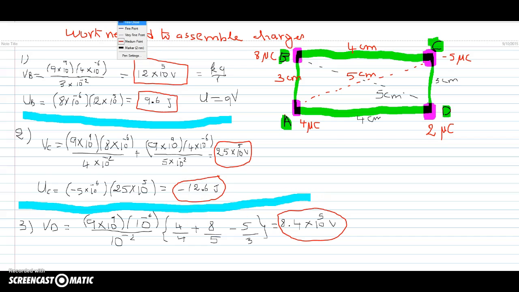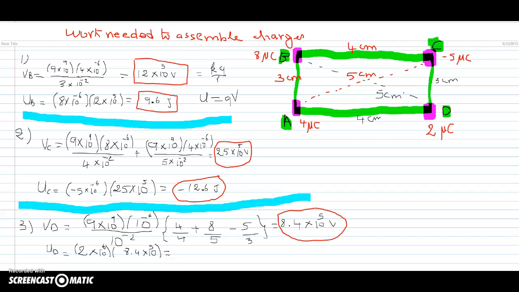Alright. Now, if you know the voltage at point D due to the other charges, the energy UD would be the charge at that point, which is minus 2 micro, times the voltage at that point that we have just calculated, 8.4 times 10 to the 5th power.